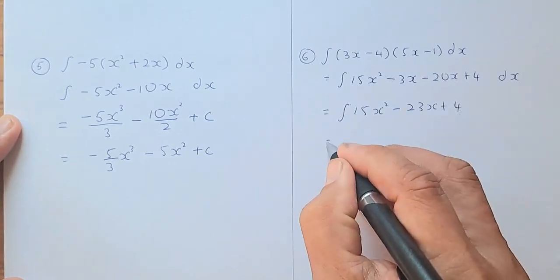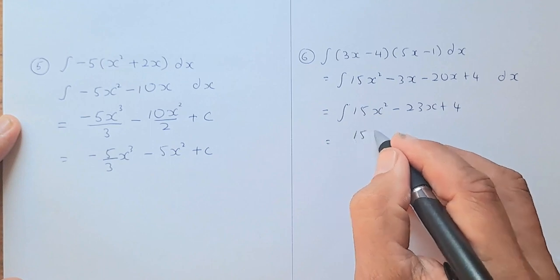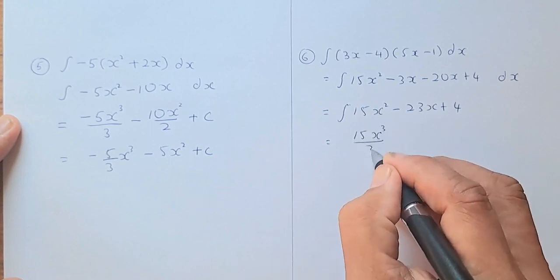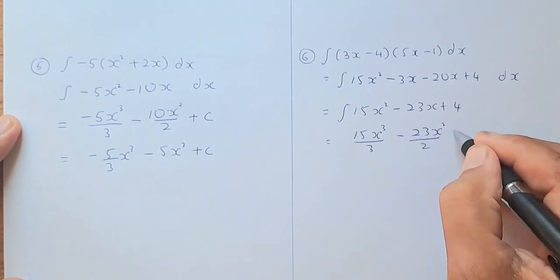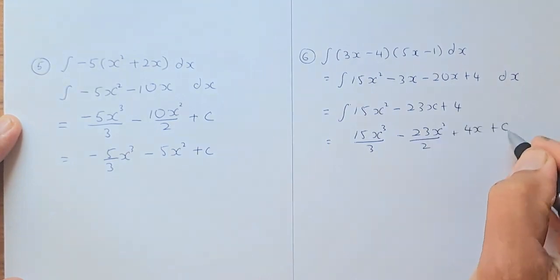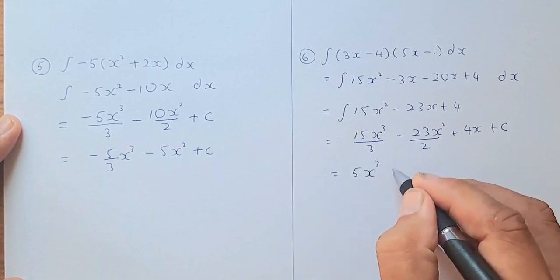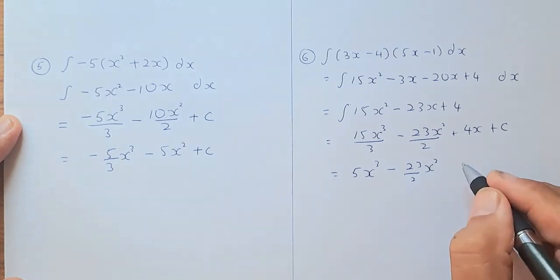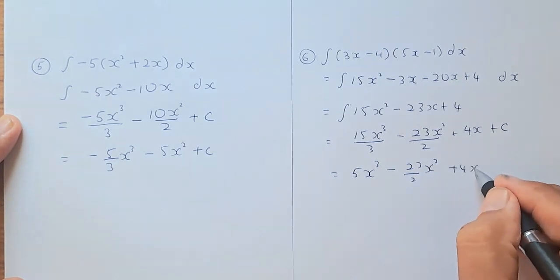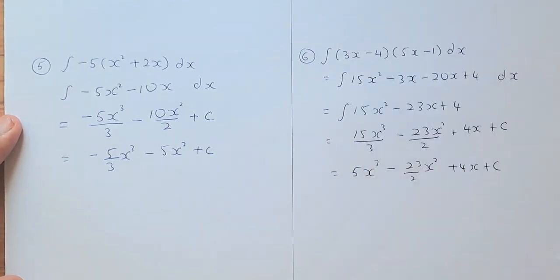And then the last step, you're going to get rid of the integration sign and you integrate them. It's going to be 15x cubed over 3 minus 23x squared over 2 plus 4x plus c. Simplify them, it's going to be 5x cubed minus 23 over 2 x squared plus 4x plus c, and that is how you integrate a two bracket function.